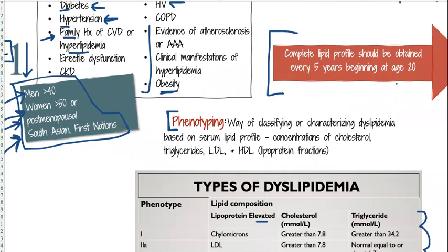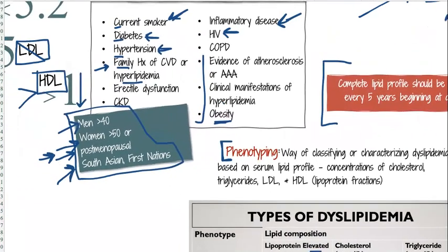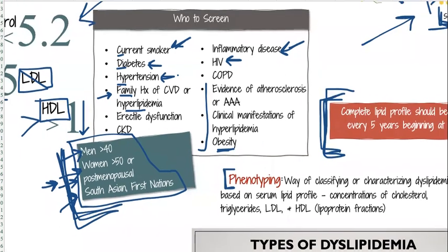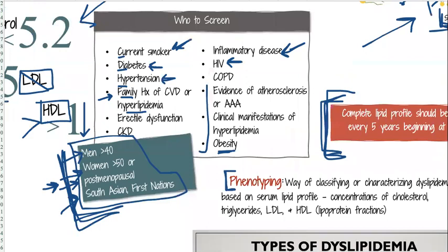The reason we begin at age 20 is because we know that's when atherosclerosis already starts or has been starting, but we're not going to see effects of it until they're here. This is what puts them at a high risk. This is just average risk. Let's just do this to screen. But these men over 40, women over 50, and all of these things that I highlighted, these are high risk people that we screen no matter what.